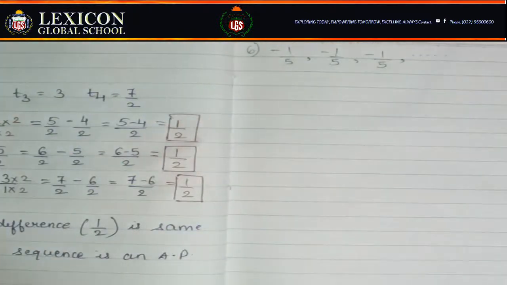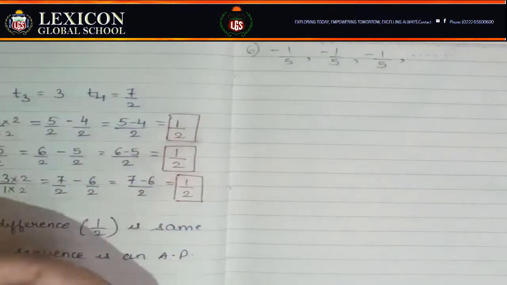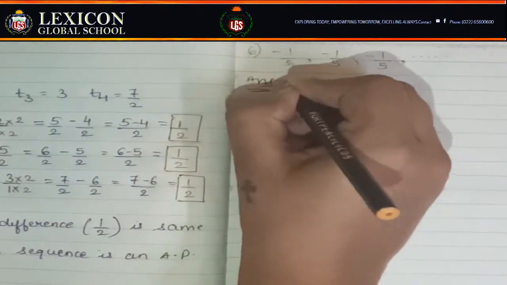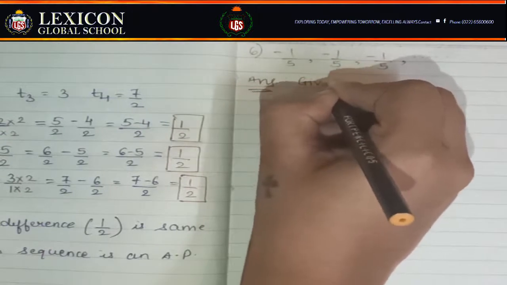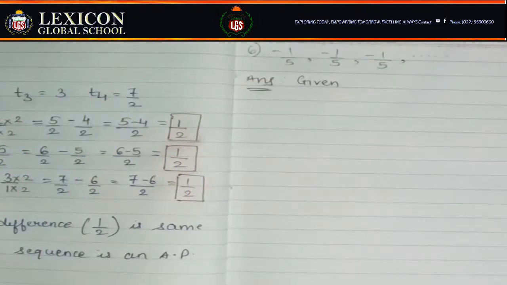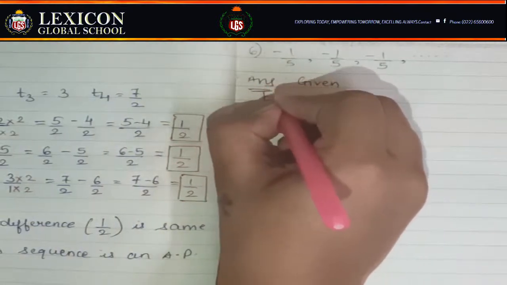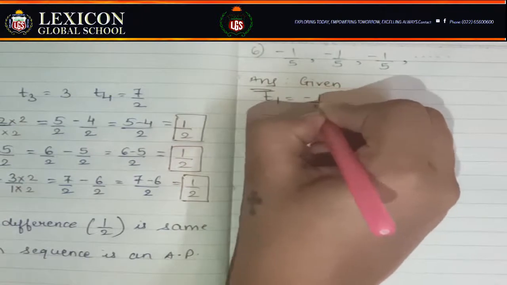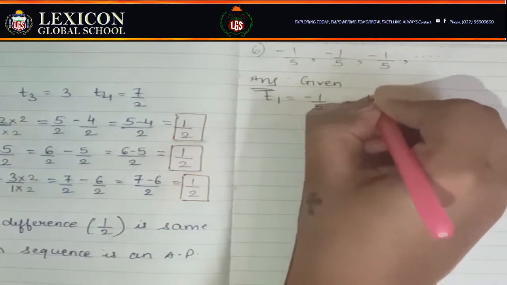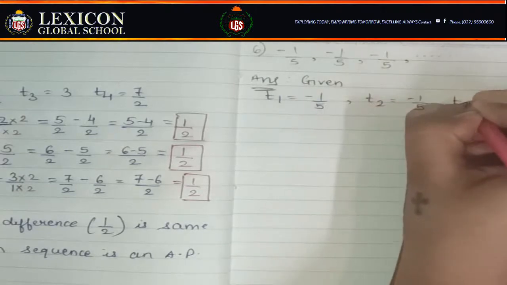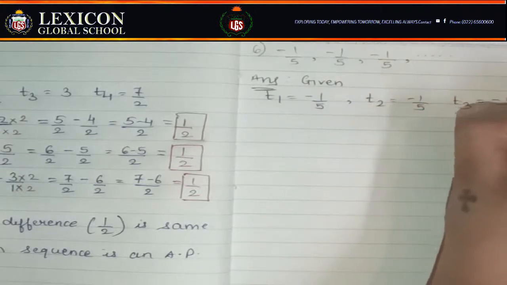We are going to write the given part of the answer, the terms. So T1 as minus 1 upon 5, T2 as minus 1 upon 5, and T3 as minus 1 upon 5.